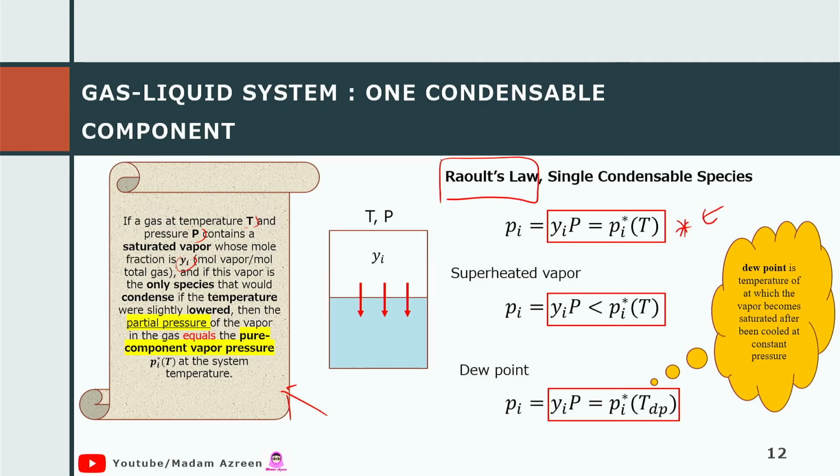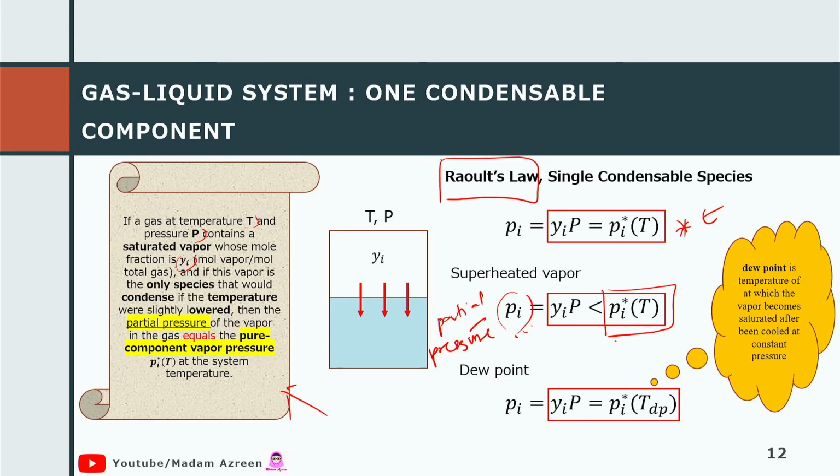And then there are cases whereby the partial pressure is lower than the vapor pressure of the pure component at a specific temperature. This P is the partial pressure, and it is lower than the pure component vapor pressure at that particular temperature.